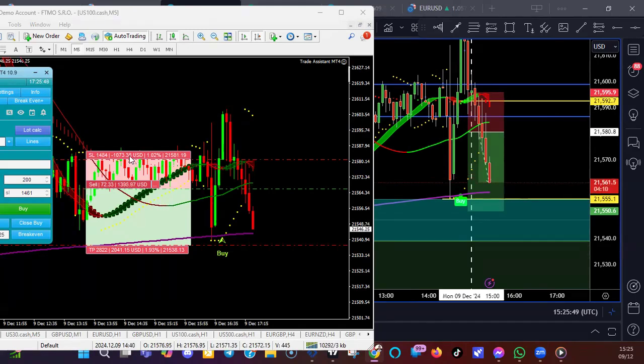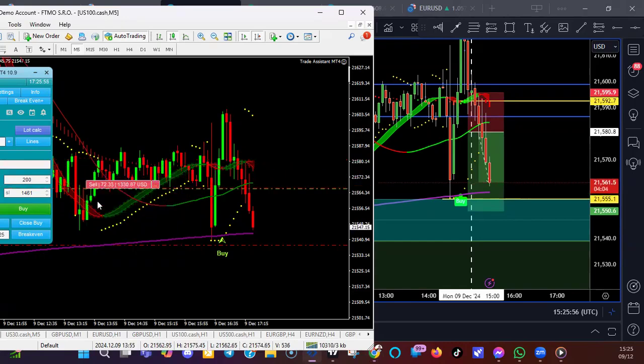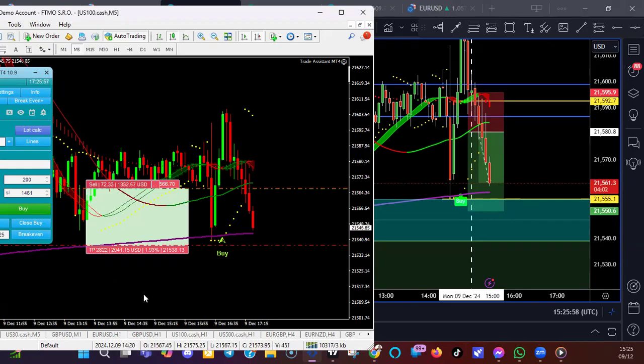I'm well over 1% in profit at the moment, and I'm going to put my stop loss to my entry now. So I have a risk-free trade going for the rest, if there is going to be a rest, hopefully there will be.